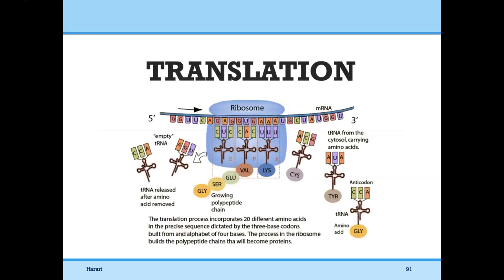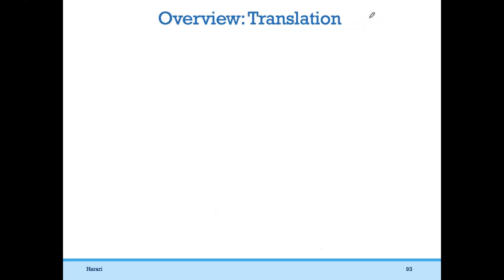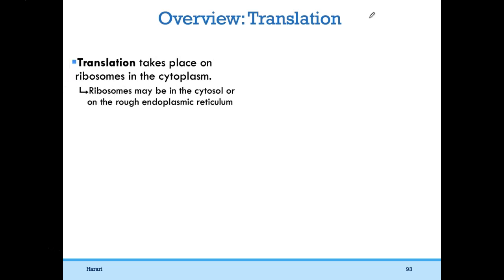So now let's talk about translation. So this is going to discuss how we make proteins after transcription, right? This is going to explain how the DNA code can be translated into an amino acid sequence. Translation takes place on ribosomes in the cytoplasm.